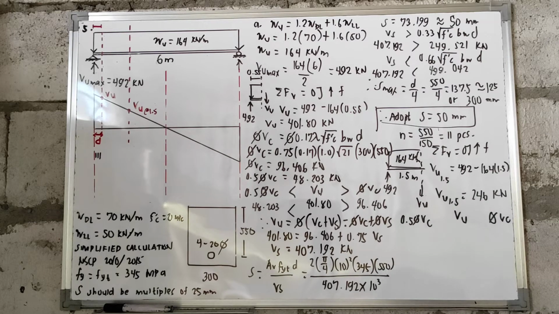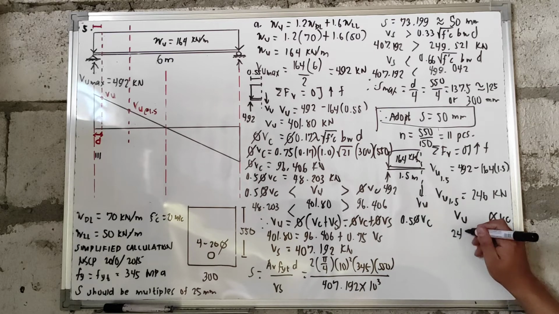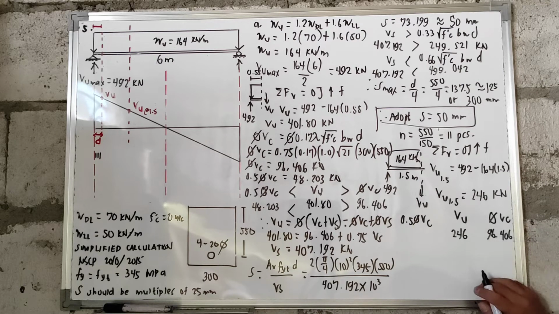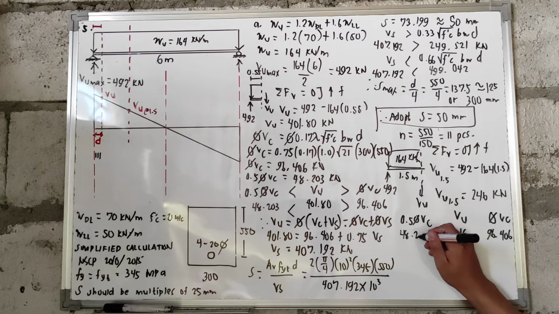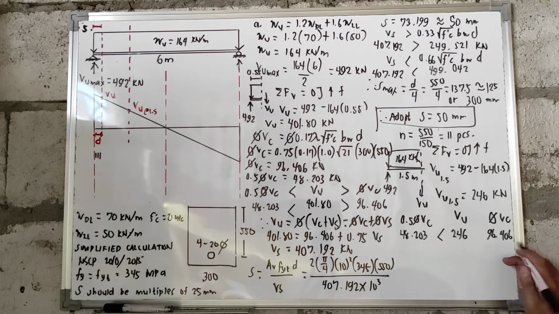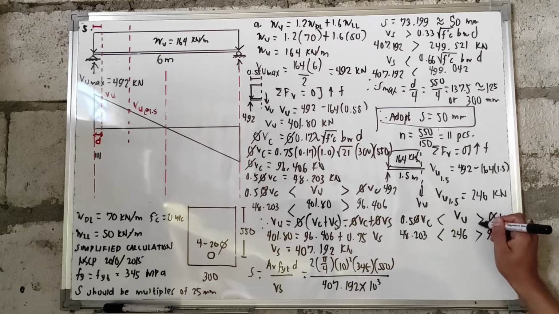So, yung VU natin dito, that is equivalent to 246. I-compare natin yan sa PVC natin na 96.406. Yung 1/2 PVC natin na 48.203. So, ito naman, ito less than to. Ito naman greater than, less than, greater than.